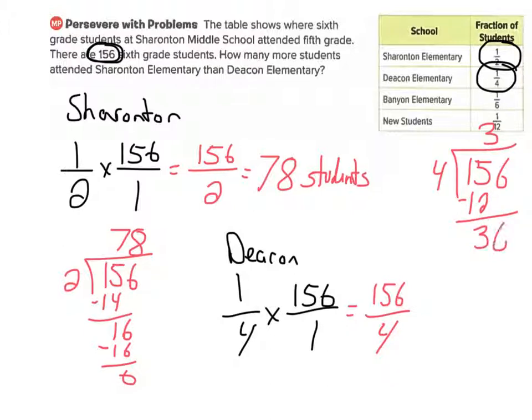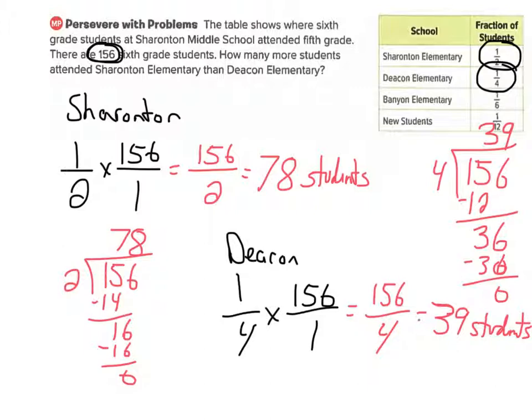Subtract, I get 3. Bring down my 6. 4 goes into 36 9 times. So there are a total of 39 students coming from Deacon Elementary. I'm just taking that fraction of the total amount.